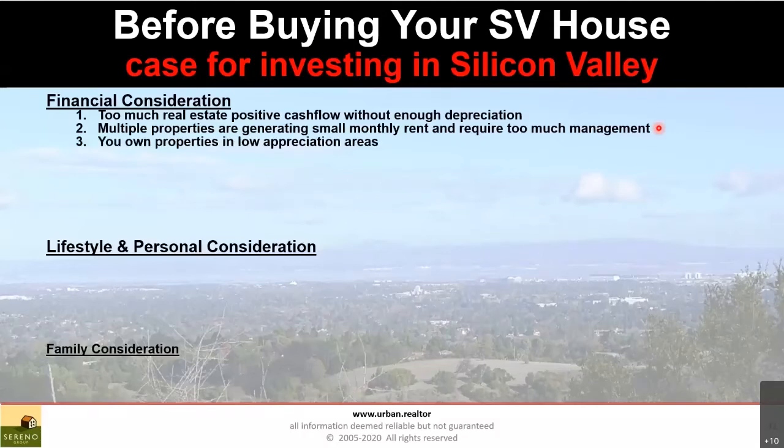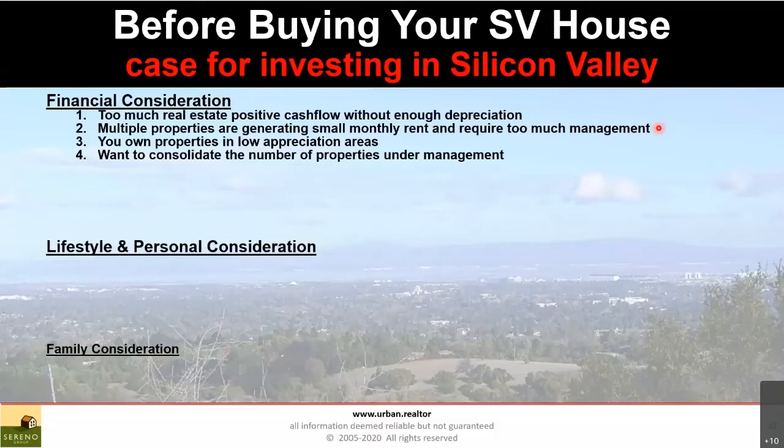You own properties in low appreciating areas. We've seen that California, Silicon Valley has a very high average annual appreciation. We look at areas like Atlanta, Tennessee, Arizona, and so on. They have a lower appreciation compared to Silicon Valley. Also consider the number of properties under management.